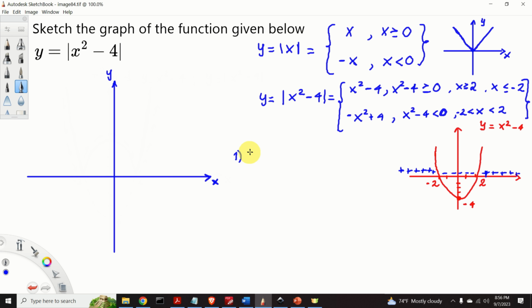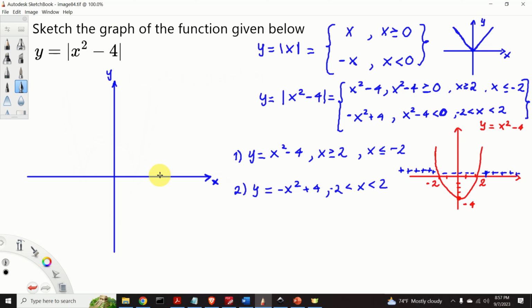In case 1, y is equal to x squared minus 4, and this is valid for this interval and this interval. And we have the second case, y is equal to minus x squared plus 4 when x is in this interval, minus 2 to 2.